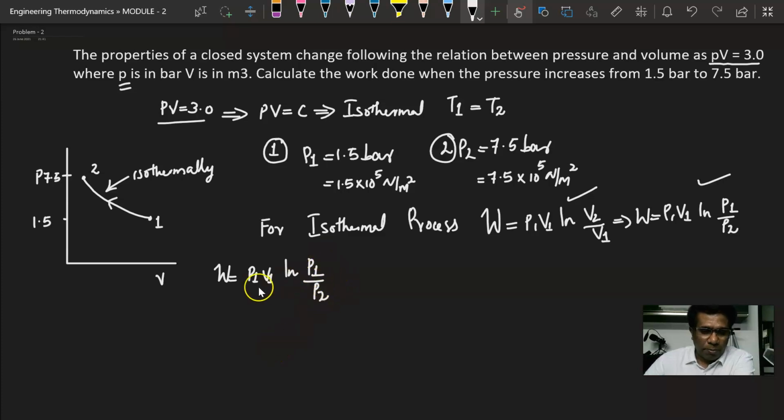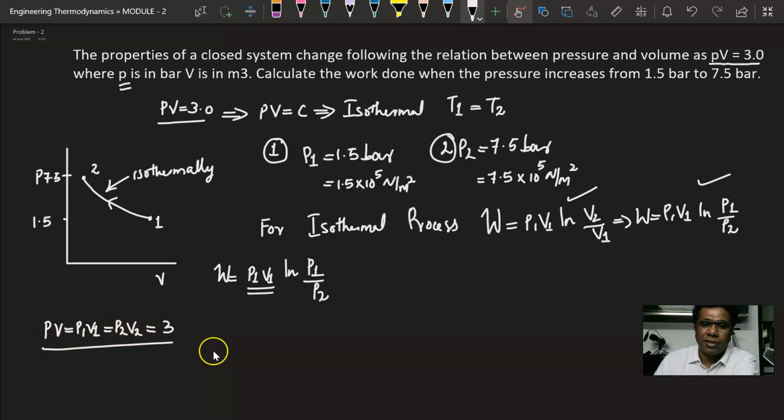I know P1 and P2 and my only problem is V1. That is where, if you look at the question carefully, we are given PV equal to 3.0. What is the meaning of that? PV equal to P1 V1 equal to P2 V2, which is equal to 3. That is the meaning of an isothermal process.